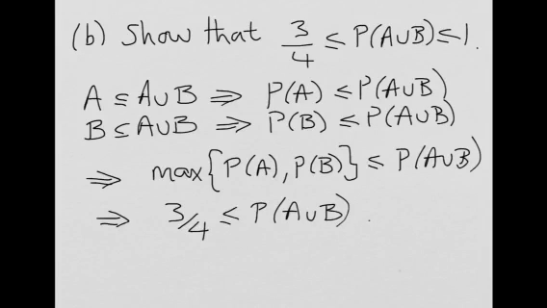So finally, if we turn our attention to the upper bound on the probability of A union B, well, this is trivially true because the probability of any event can't be greater than 1, and of course A union B is just an event.